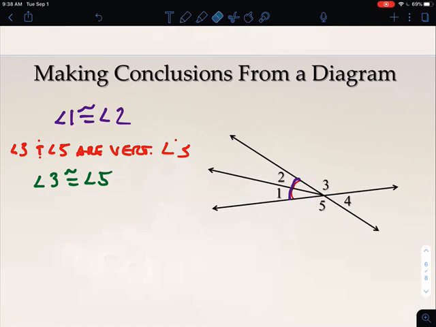So again, they didn't put anything in the picture. If I erase my markings, they didn't tell me anything about 3 and 5. But because they're vertical angles, I know without a doubt those two angles have to be congruent to each other. So that's an important thing to notice.